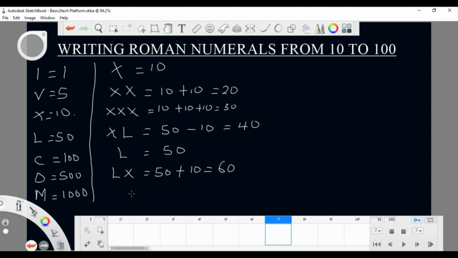To get 70, again, we have L is 50, plus X, that's 50 plus 10, sorry for that, plus another X. That is 50 plus 10 plus 10. That gives us 70.